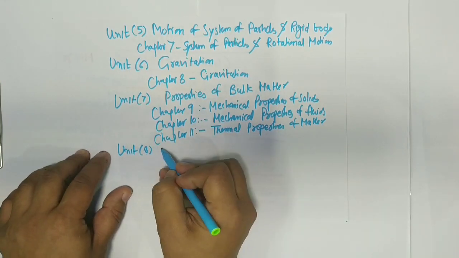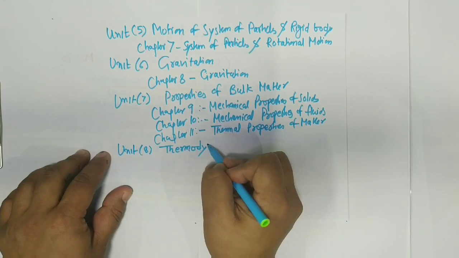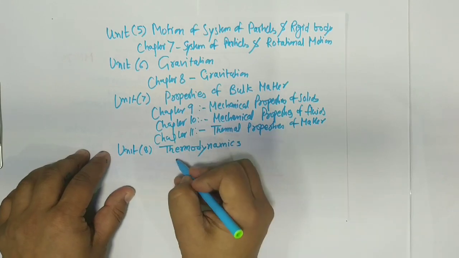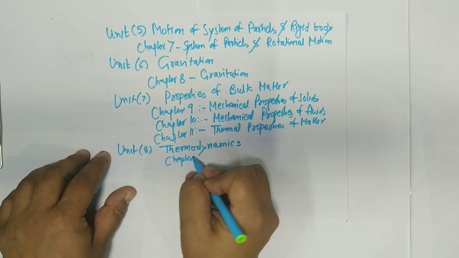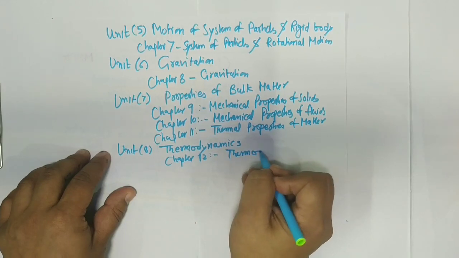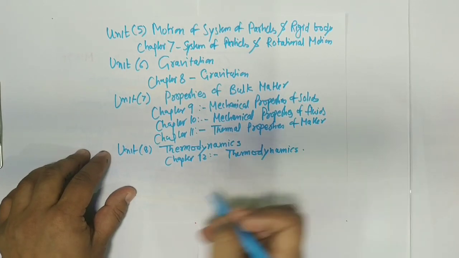Unit 8 is thermodynamics, the study of heat and different forms of energy. That is chapter number 12, thermodynamics. We'll talk about heat and the conversion of heat into different forms of energy.